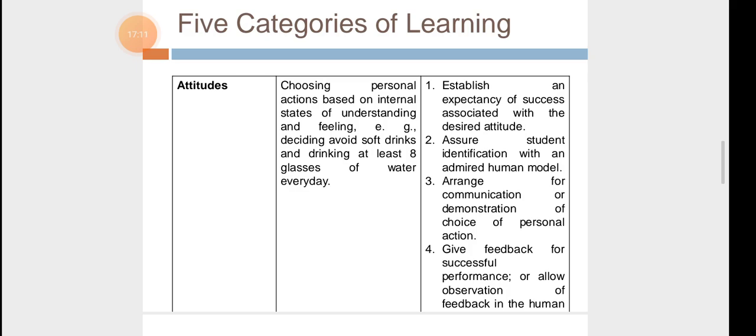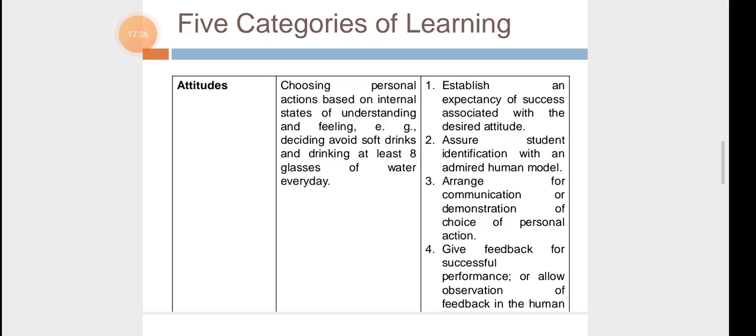And number 1, establish an expectancy of success associated with the desired attitude. And of course, may expectation na rin silang towards their nice attitude, kung ano ba yung desire nila from their lives.